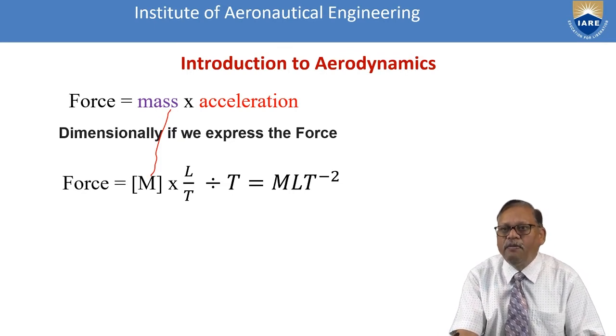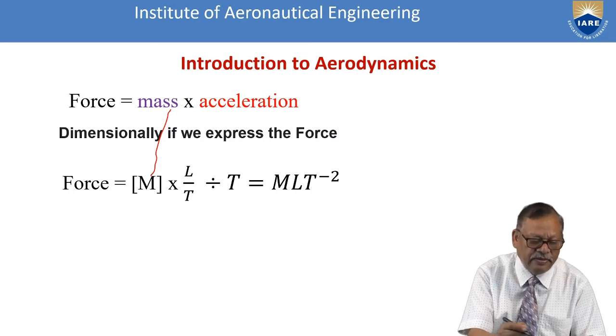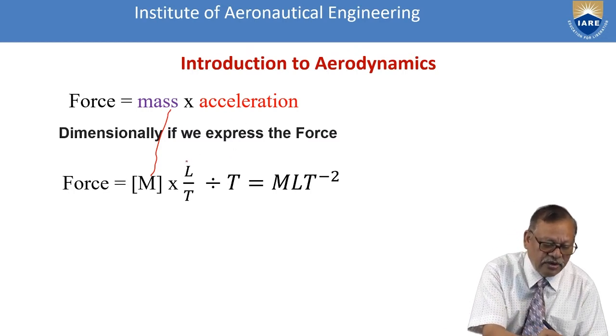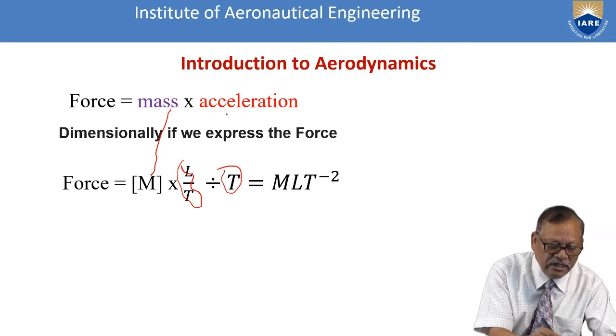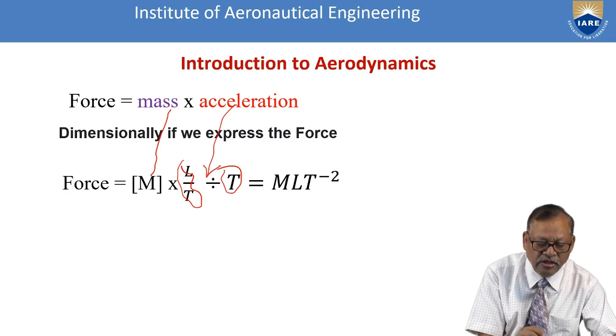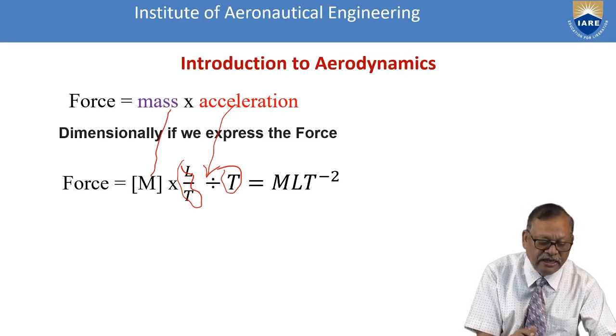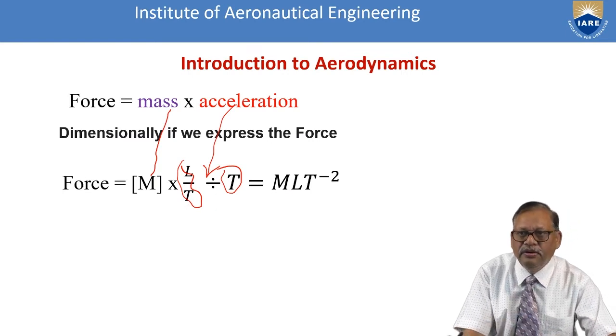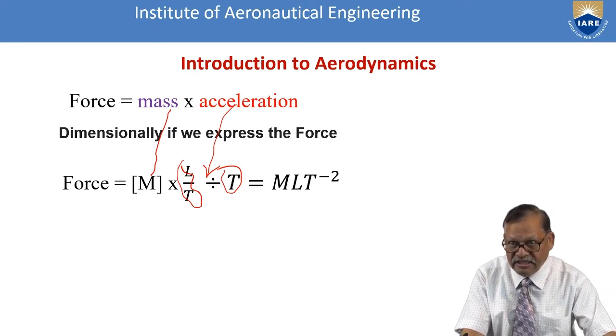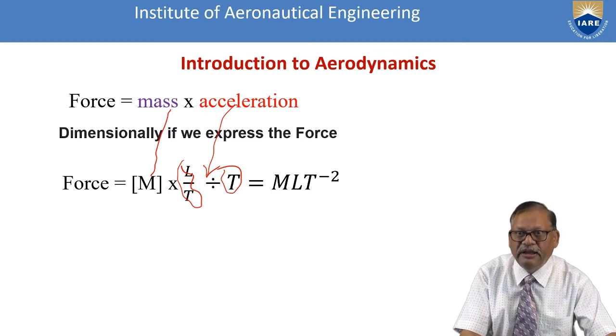Velocity is how much distance we cover in a particular time, so we take L for distance and T for time. Replacing, we can write m, L and T divided by T, which gives T square. So the dimension is m L T to the power minus 2.